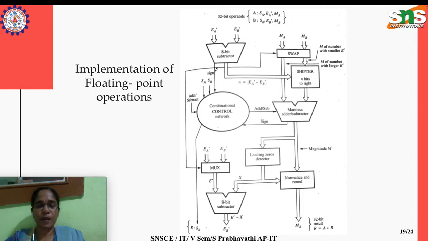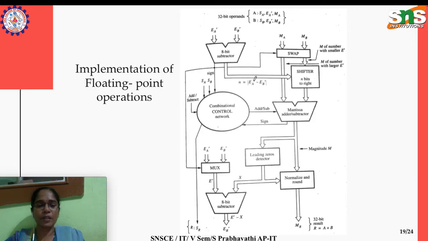If we get positive, for example 10 power 4 minus 10 power 2, we will get the answer as 2. So the sign bit is positive. It means E'A is the bigger number, so that will be given to the resultant exponent, is it not? So the sign bit is playing a major role, and here this value n is equal to 2.